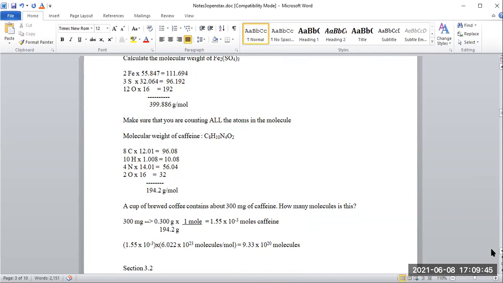Again, do your multiplication across as your next step. So 96, 10, 56, and 32 essentially gives you a molar mass for the molecule of 194.2 grams per mole.